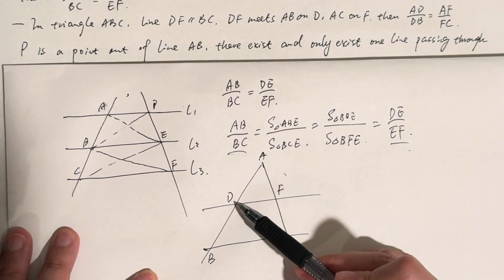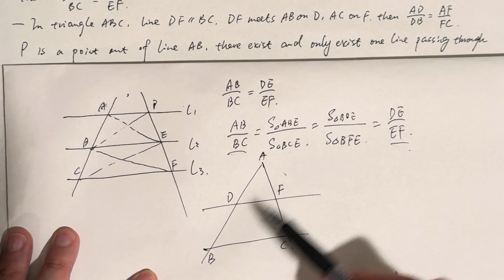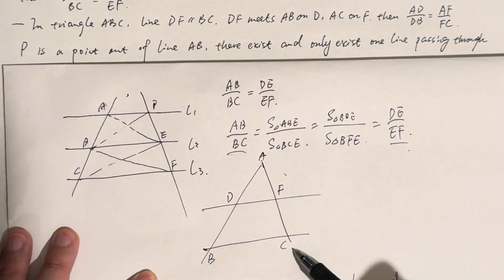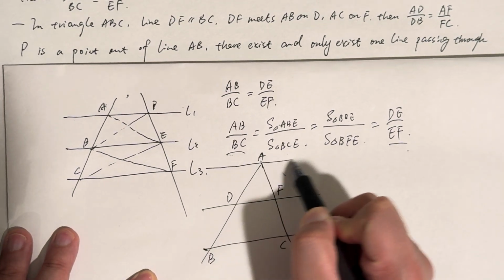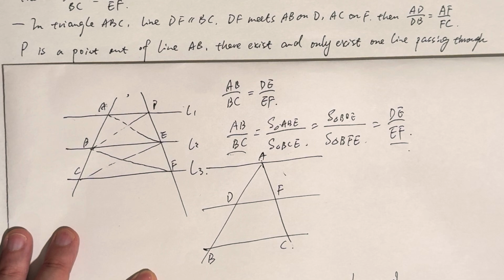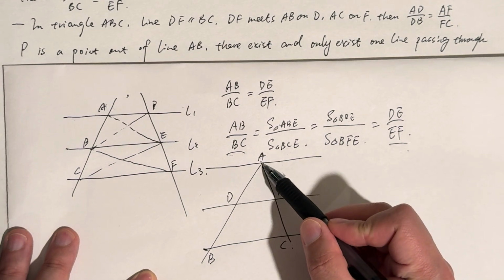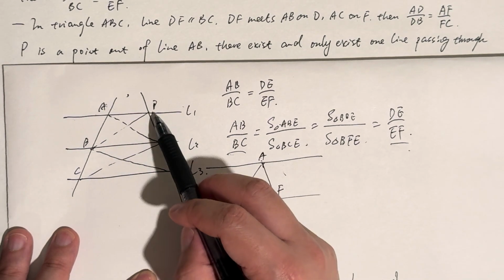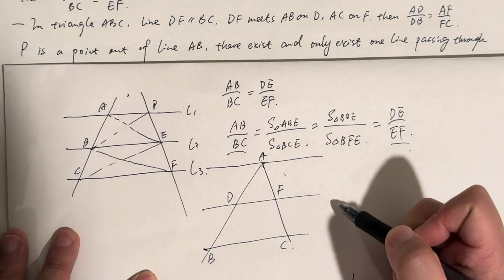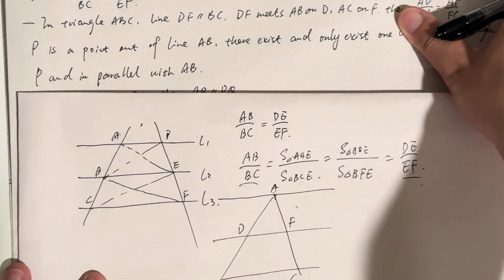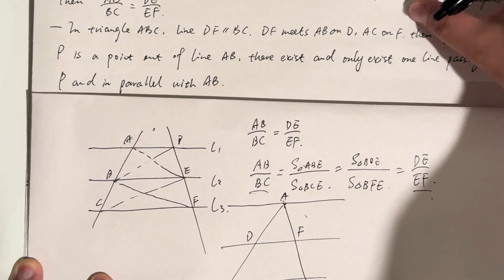Then AD to DB equals AF to FC, which is simple, right? We just draw this line here. The A here is reused for the D here, right? Okay, so we just proved it.